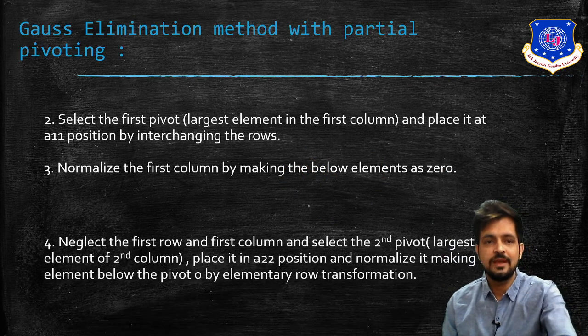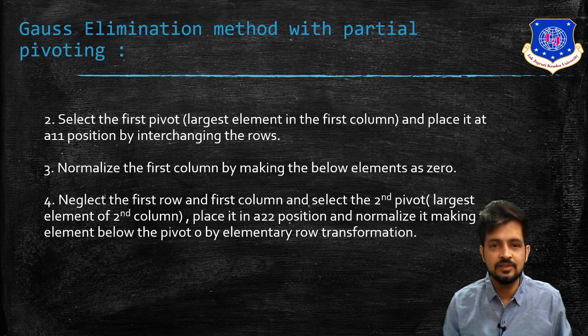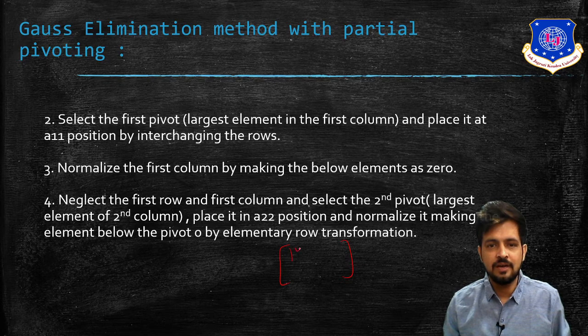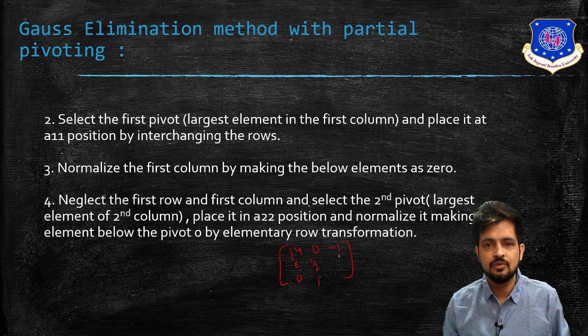What do we have to do after normalization? After normalization, we have to neglect the first row and first column. For example, after normalizing, here it is 1 by 2, here 1, 0, minus 1, any value we can take. Then we have to select the pivot from these two.